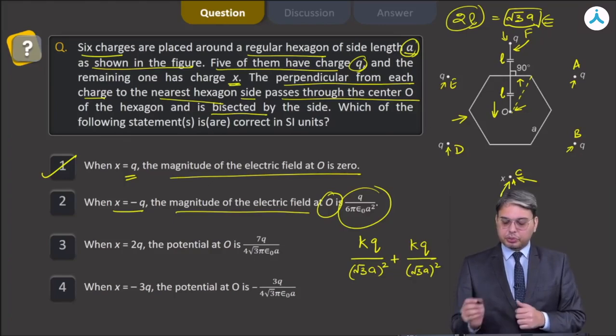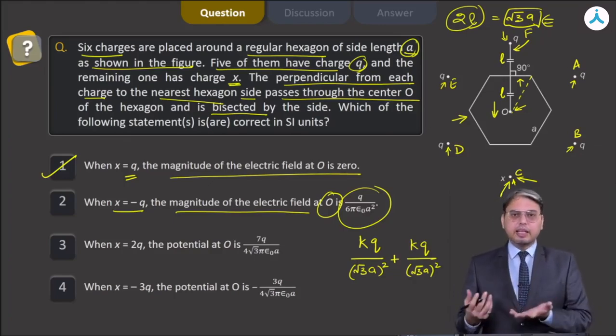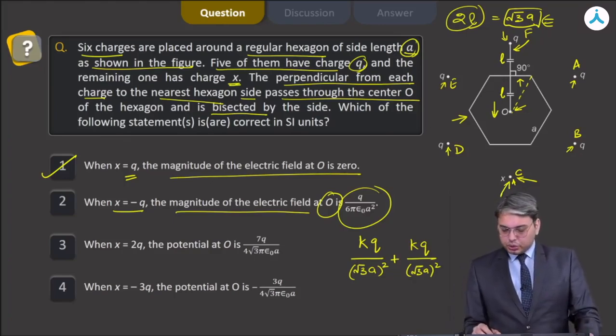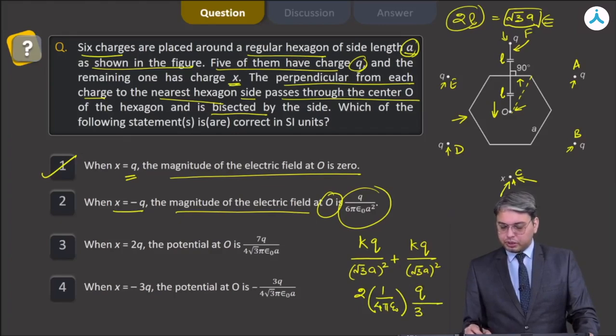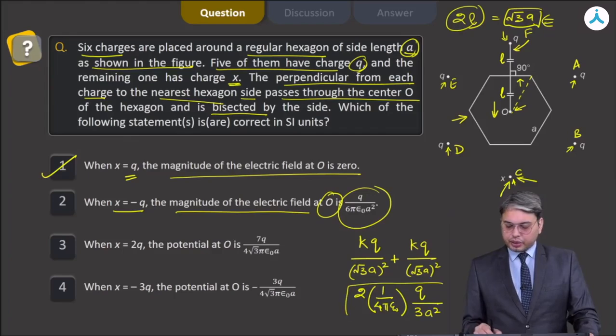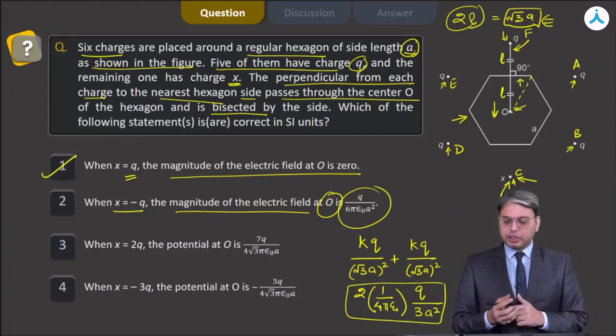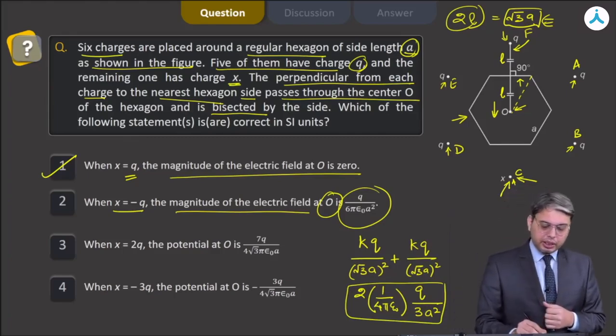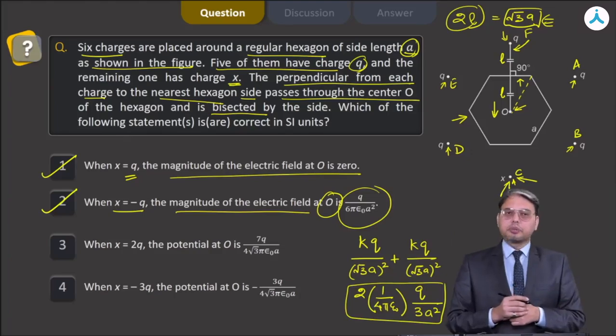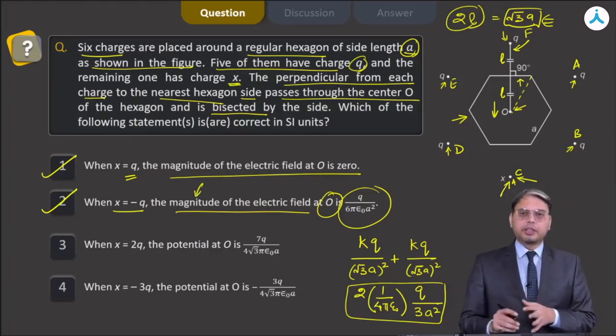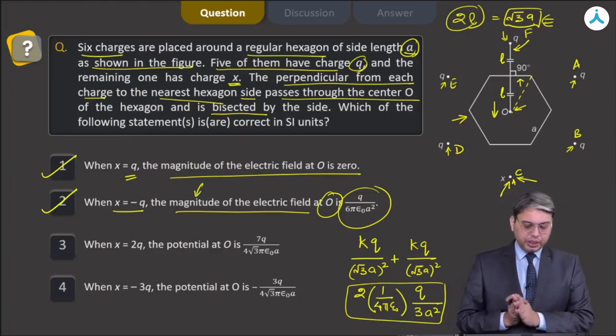So both of them are going to be added up, and the net electric field would be 2K, which is 1 upon 4 pi epsilon naught, into Q upon 3A square. Now if you calculate this value, it comes out equal to Q upon 6 pi epsilon naught A square, which is as given in option 2. So that would make option 2 also a correct option, as it was only talking about the magnitude, and the direction would be downward.